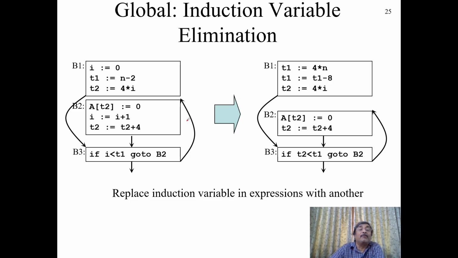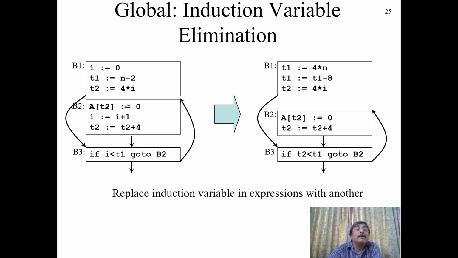What is the induction variable? What is the loop variable? I. In this case, what is the loop variable? I. Now, how does I grow? I grows like 0, 1, 2, 3, 4. How long? Maybe it goes to n minus 2. So what will be T2's value? T2's value will be 0, 4, 8, 12, 16, 20, 24.